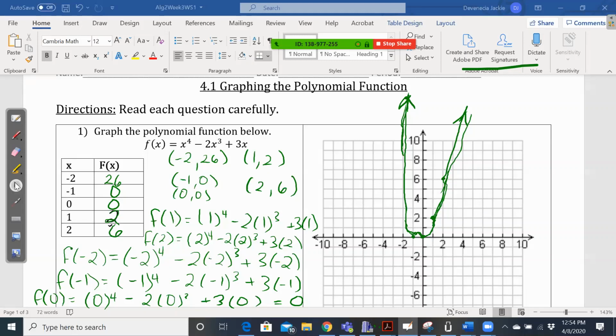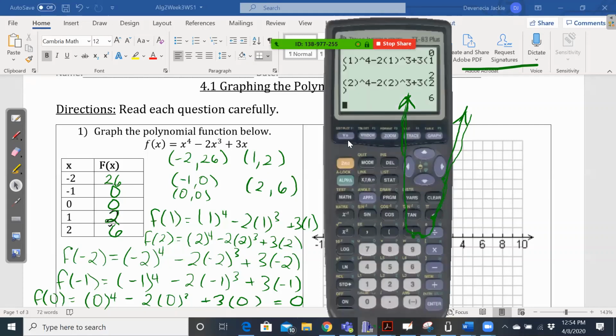Now, if you have a graphing calculator, you can even do it like this. You can go to your y equals. I'm going to plug this formula in: x to the 4th power minus 2x to the 3rd power plus 3x.